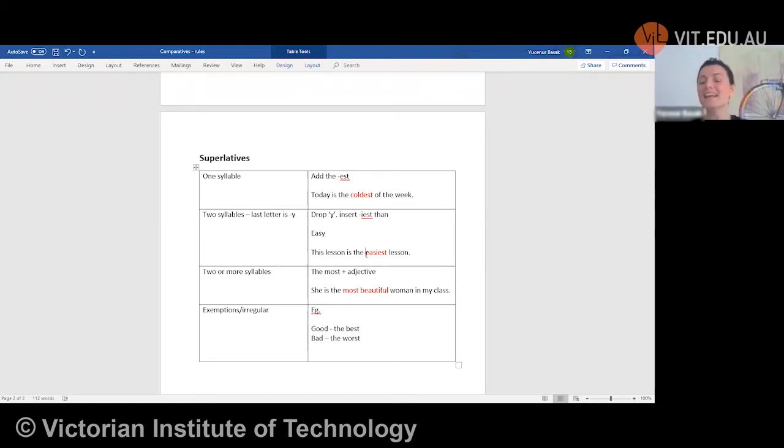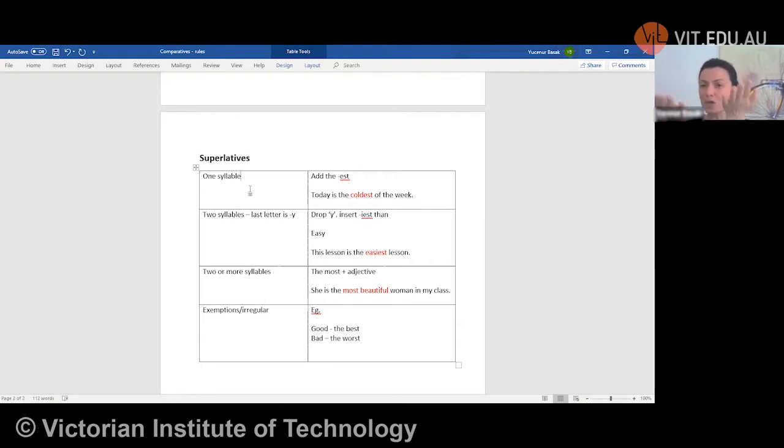Yes. Yeah, Matilda, we were just talking about the differences between comparatives and superlatives. These are superlatives. Comparatives, when you have two things, for example, today's lesson, yesterday's lesson, or my hair, your hair.